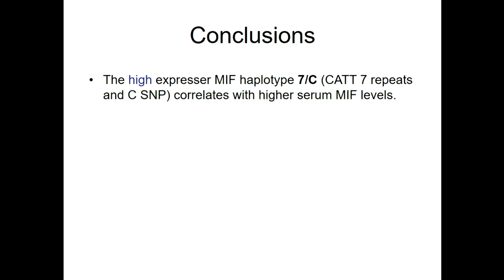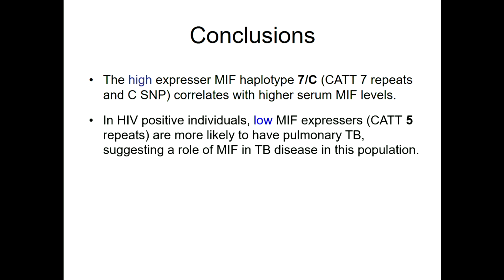So in conclusion, the high expressor MIF haplotype, the 7 CATT repeat with the C-SNP, correlates with higher serum MIF levels. So this really shows that genotype can predict the amount of serum MIF produced. Secondly, in HIV-positive individuals, low MIF expressors, so the CATT5 repeats, are more likely to have pulmonary TB, suggesting a role of MIF in TB disease in this population.